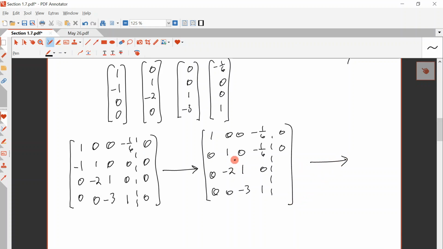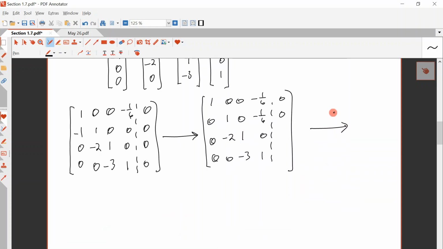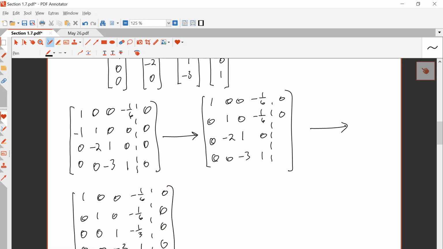Okay, I'm going to add row 2 to row 3 twice. So it's going to be 1, 0, 0, minus 1/6. And 0, 1, 0, minus 1/6. 0, and add 2, you get 0. Add 0, stays 1. And then add negative 1/6 twice, I get negative 1/3. These are all 0.